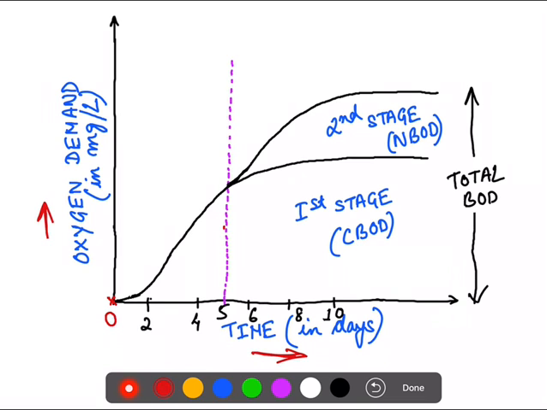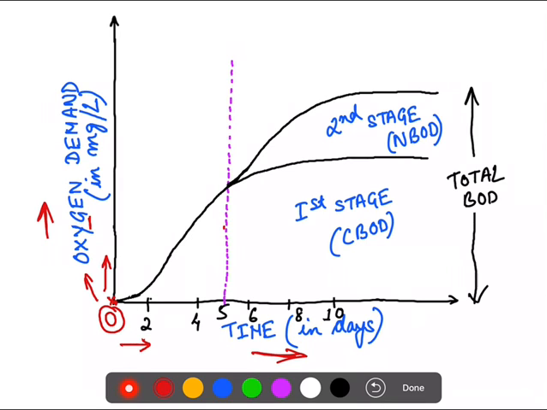I think you are clear what oxygen demand is; I have already explained it. Now, there is a sample of wastewater. At day 0 there is no oxygen demand, so the oxygen demand is 0. As the time increases in the x-axis, the oxygen demand also increases in the y-axis.